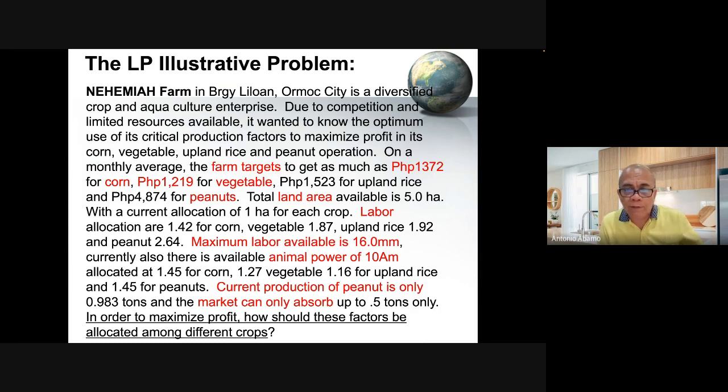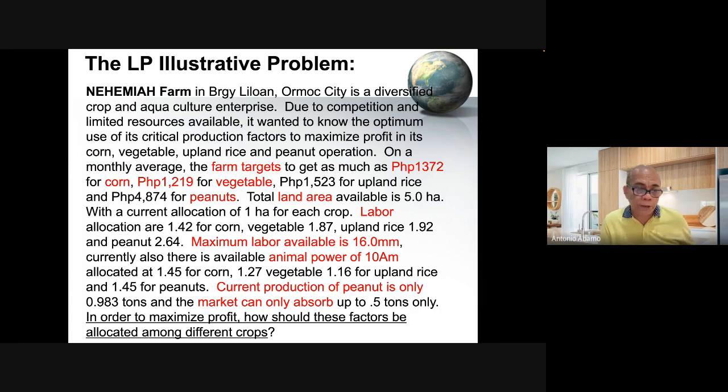The maximum labor available is 16 months. Okay. Currently, also there is available animal for 10 animal months allocated, 1.45 for corn, 1.27 for upland rice, and so on for peanuts also.